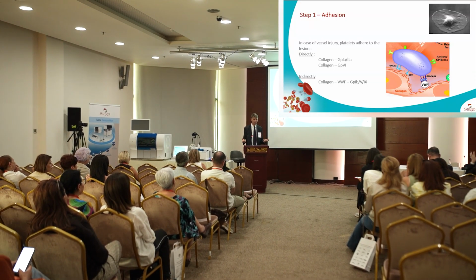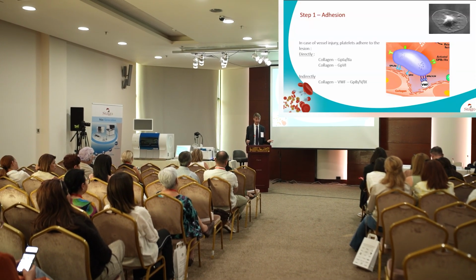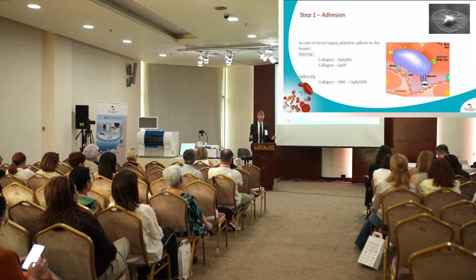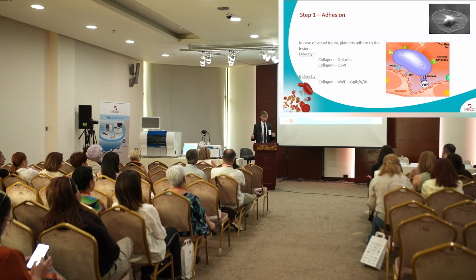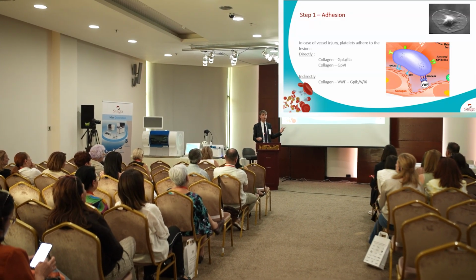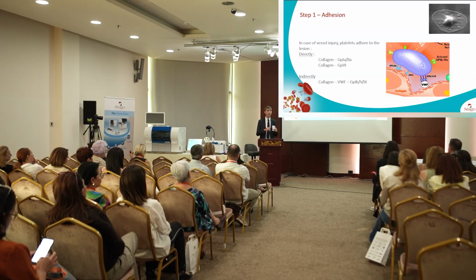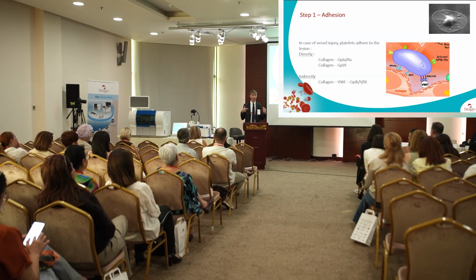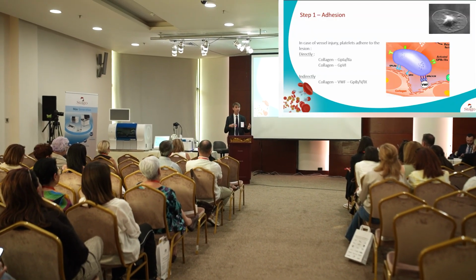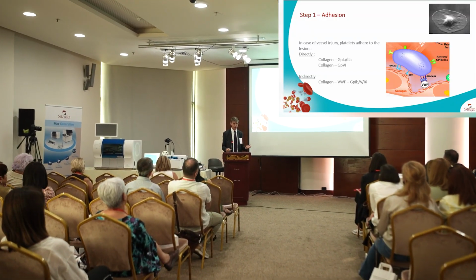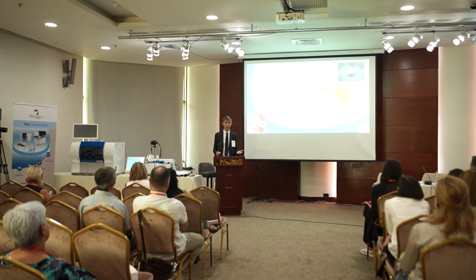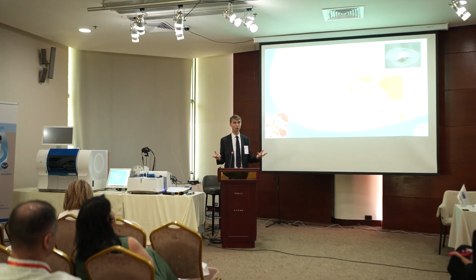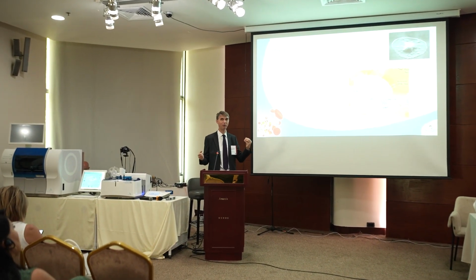So that can be directly with the receptor GP1A2A or GP6, or it can be also indirectly through the VWF, so the von Willebrand, okay? And then the platelet will bind to the von Willebrand, to the collagen indirectly, thanks to the von Willebrand, with the receptor GP2B.